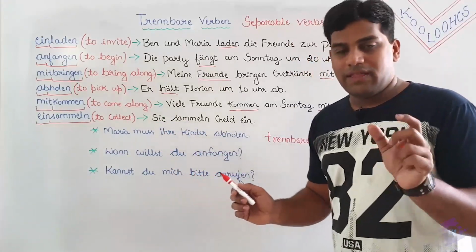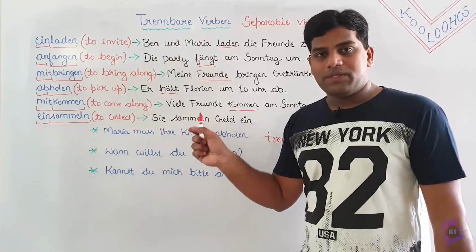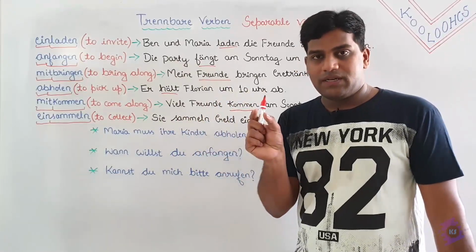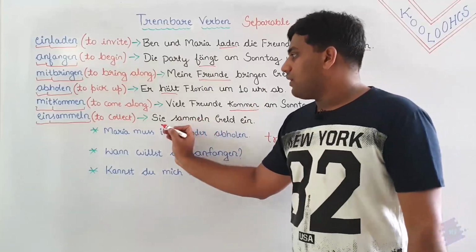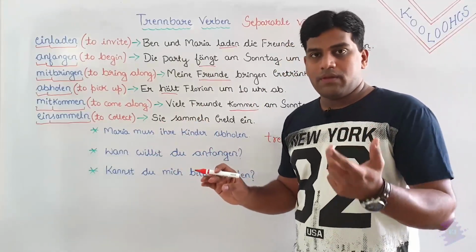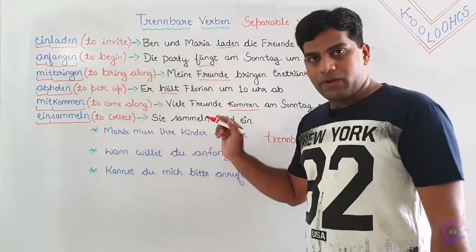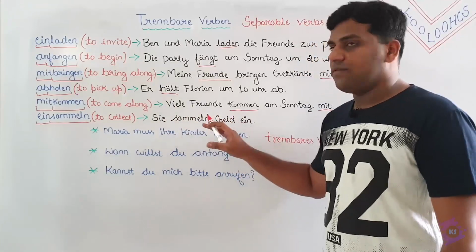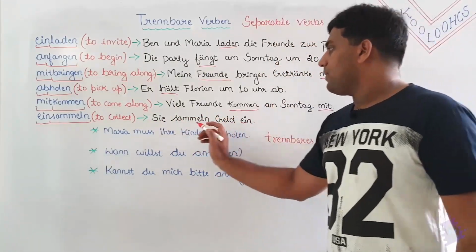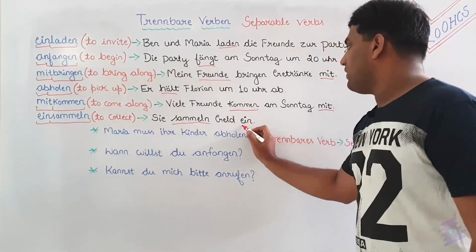So that they is with a small s, but when you begin a sentence with that subject, then you put a capital S. So according to the context, you should understand whether you are mentioning they or you. So when you write, it is the same sentence for both cases. Sie sammeln Geld ein. Sammeln is the verb to conjugate according to the subject, and ein is the prefix.